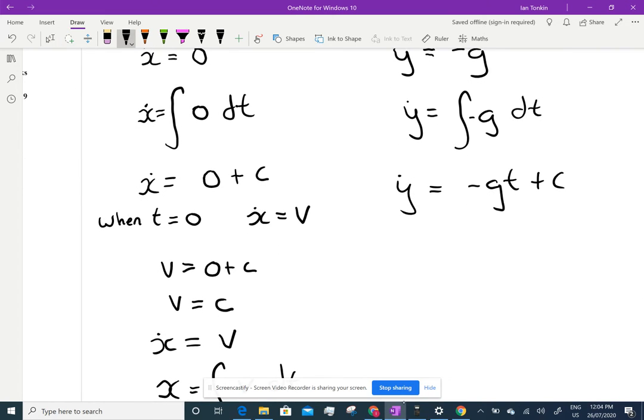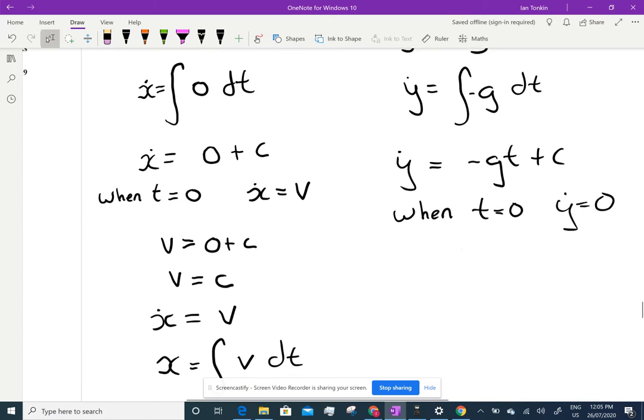Now, when time t equals 0, the velocity is equal to 0 because there's nothing acting on it.